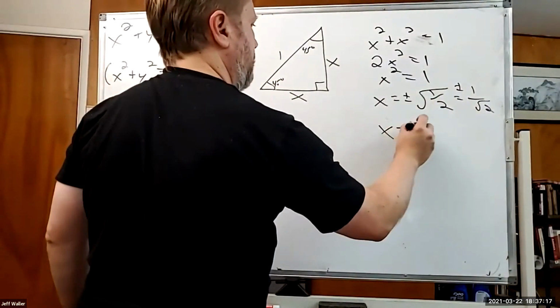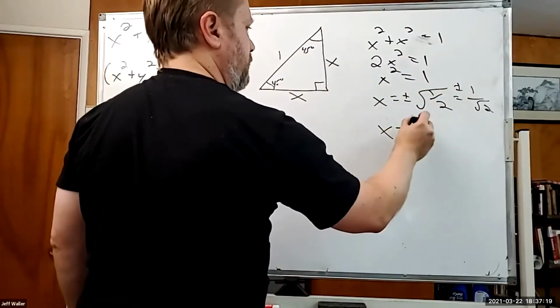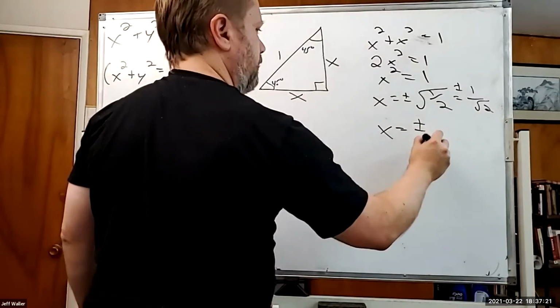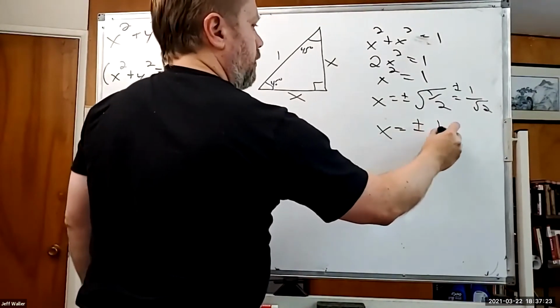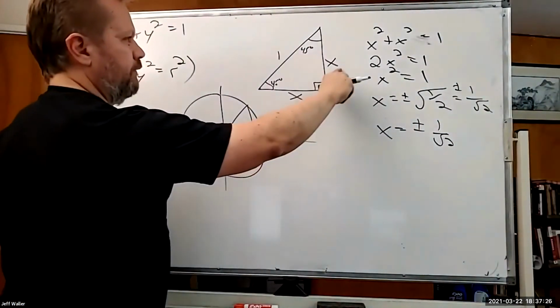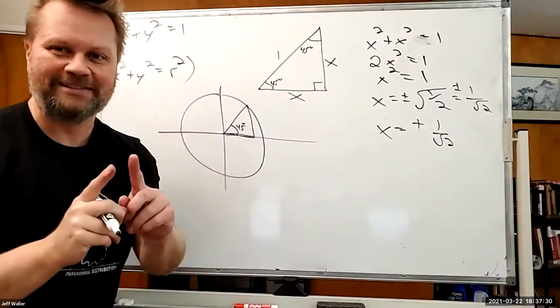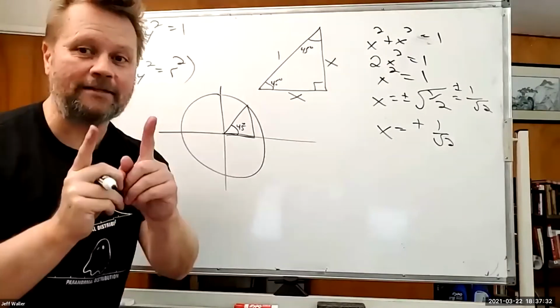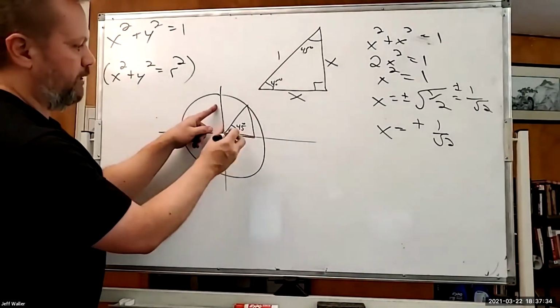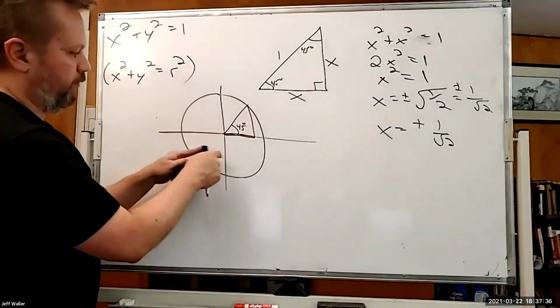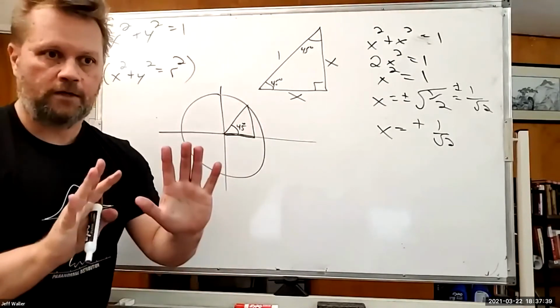Now, which one am I going to pick? Am I going to allow it to be plus or minus? Probably not. Yeah, I'm talking about side lengths of a triangle, right? So I'm not going to let the negative happen yet. Not yet. It's because we're in the first quadrant, correct? So x and y have to be positive. Of course it's going to be different when we go to different quadrants. Right.